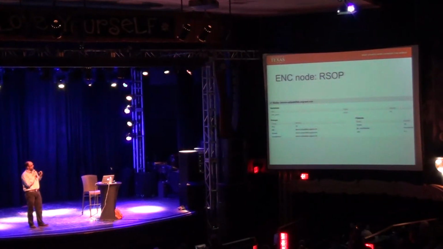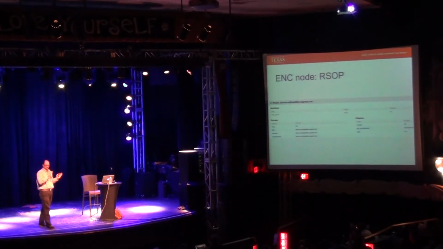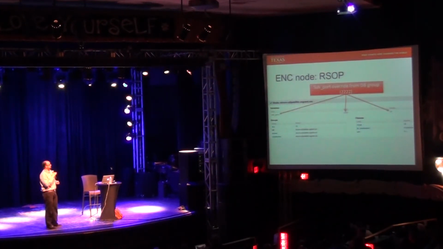And this is a screenshot. I don't know if it's big enough to see from the back, but this is what all that looks like when you actually look at the console. So here's the SSH port overriding, and then you can see, boy, it is really small, where it's getting the value 2222 from the DB group. And this is the list of all the groups at the bottom left that the node belongs to.